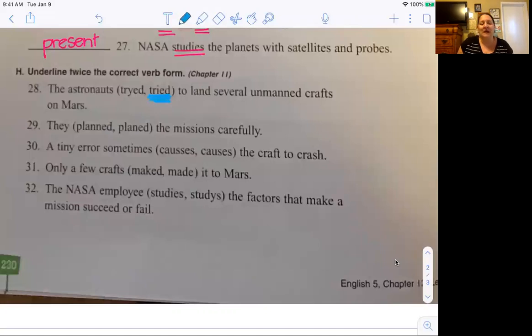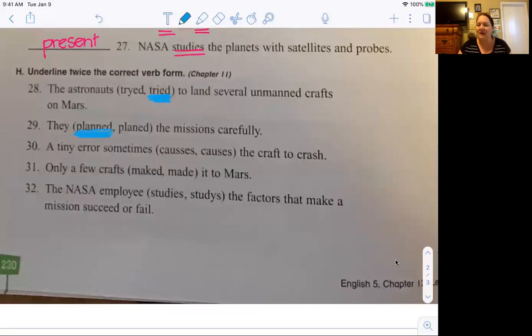Good. Number 29, they planned the missions carefully. I'm going to read it how it's read. They planned or they planed the missions carefully. They planned. We double the consonant and add the suffix. 30, a tiny error sometimes causes the crafts to crash.